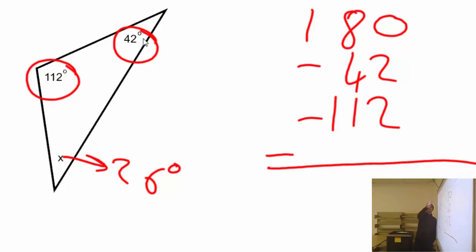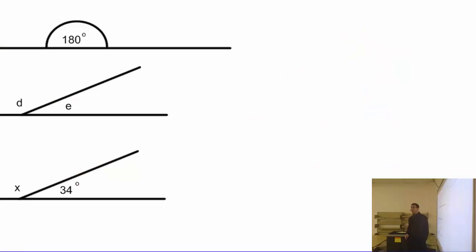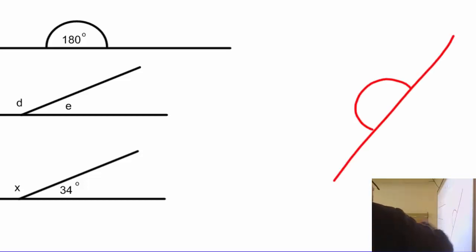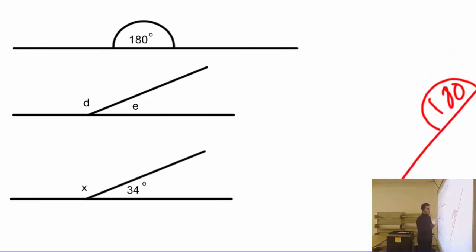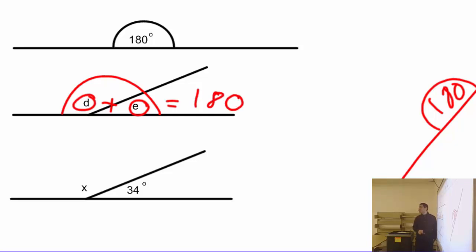You will use this for every single question. That's rule number one. Rule number two is when you have a straight line, this is a straight line, this is 180 degrees. This is 180, which means D plus E equals 180 degrees.